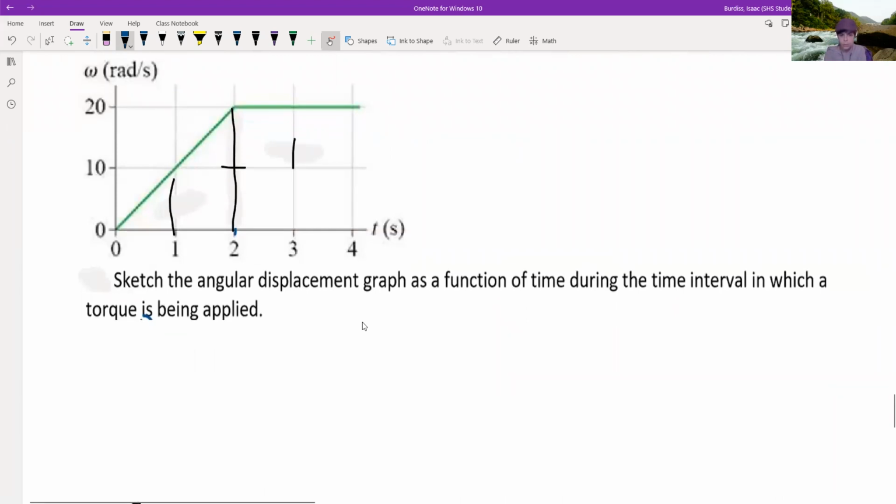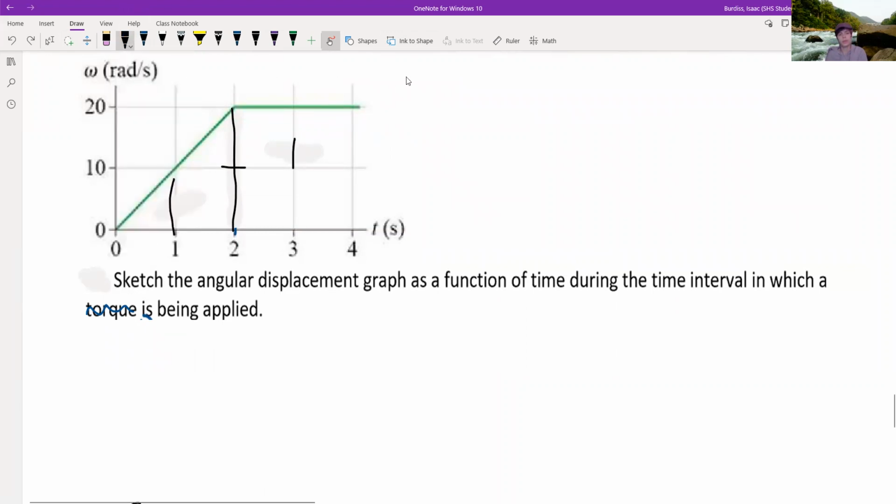Sketch the angular displacement graph for this. Well, kind of just forget that, because I took this from something that already had other parts. It's basically saying take this and make instead an angular displacement graph.